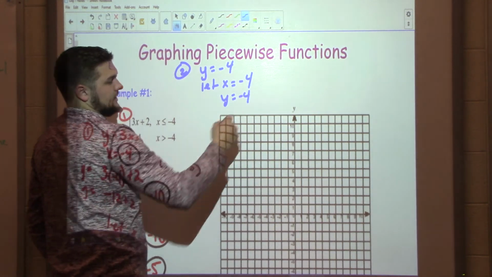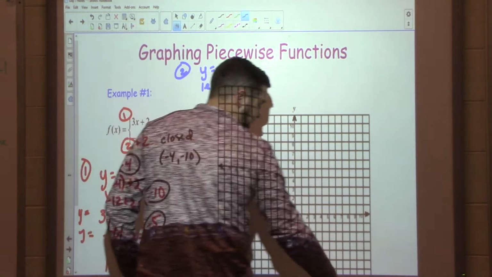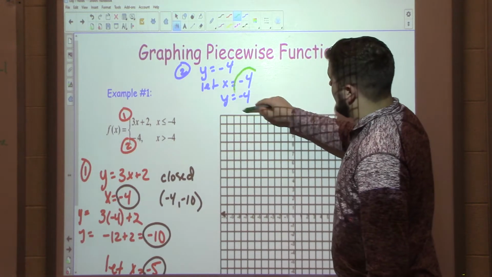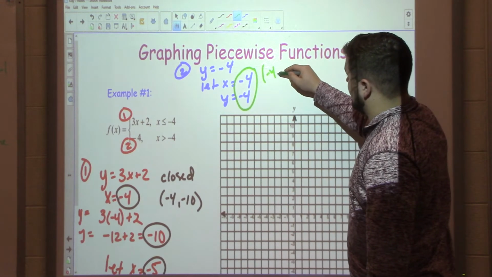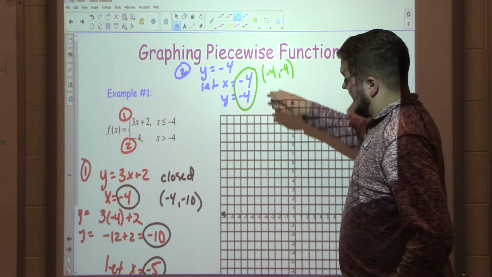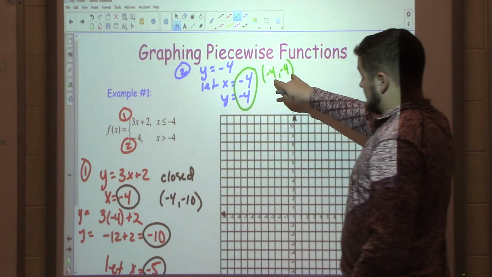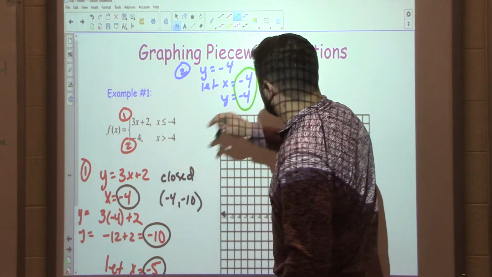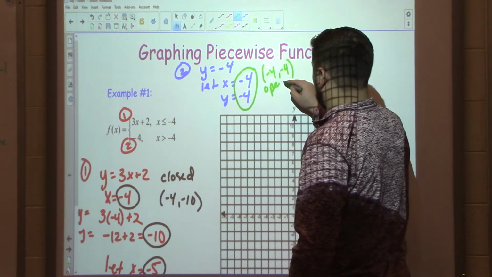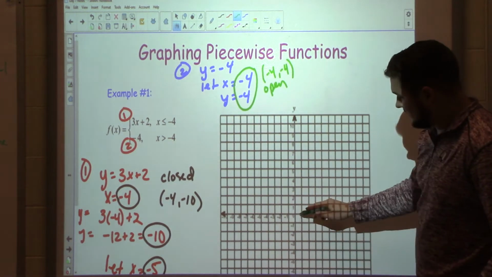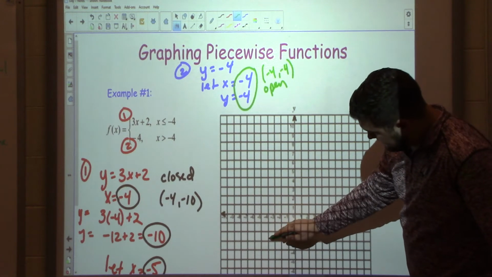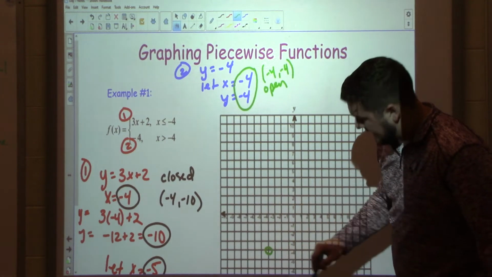I just get y equals -4. So my first point for the second part is at -4, -4. That is my endpoint. We always start with our endpoint. I see it's not "or equal to," so it's an open endpoint. So at -4, -4, I have an open endpoint.